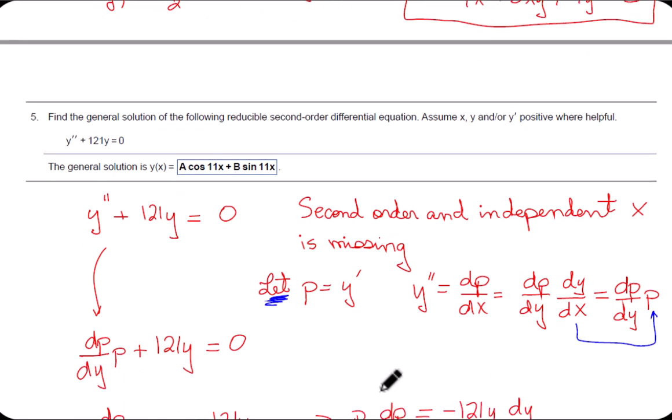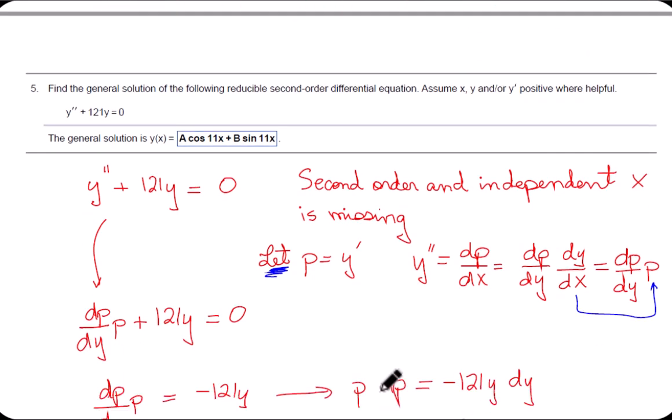All right, so looking here in question 5, we have a second order differential equation here. And so we look at it in this form. I'm going to try to reduce it down to a first order, solve the first order and then continue going. So I'm going to let p be y prime.